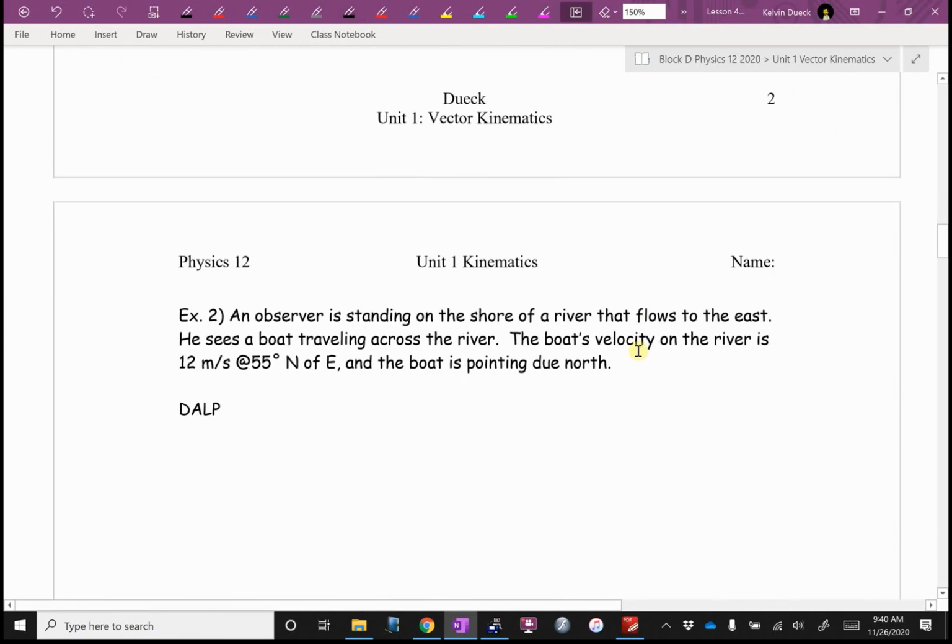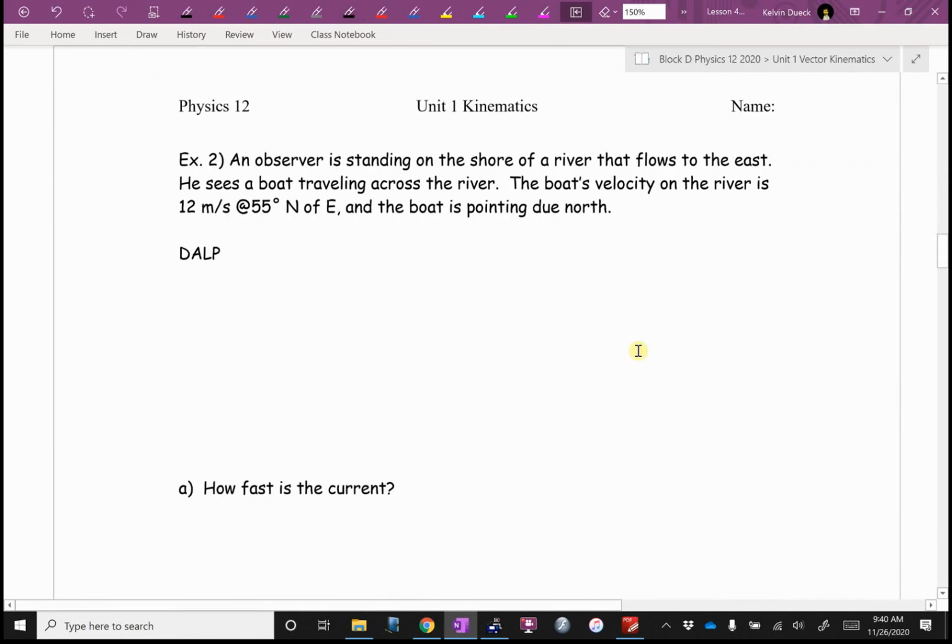Let's do another one. This is a clone of the question we just did. I don't like that, so I'm going to change two things. Are you ready? An observer is standing on the shore of a river that flows to the east.